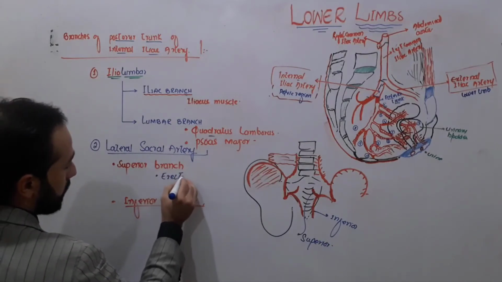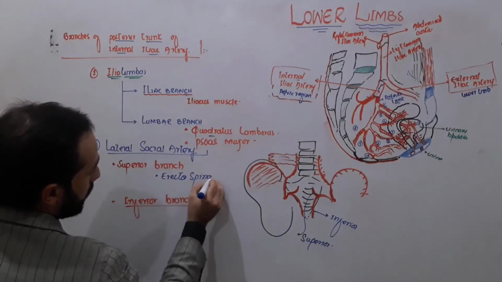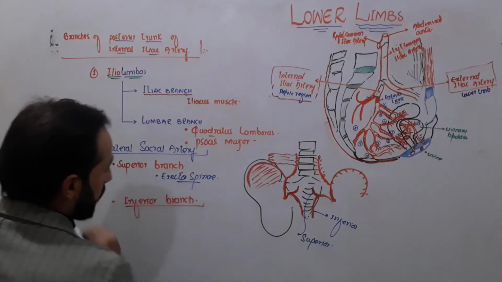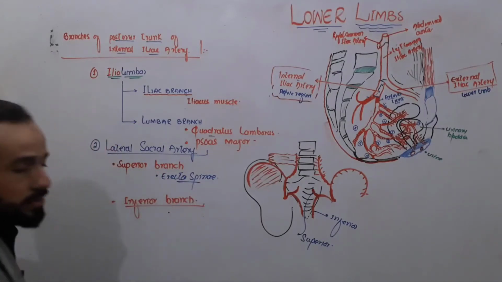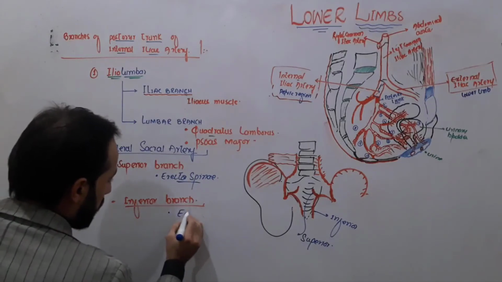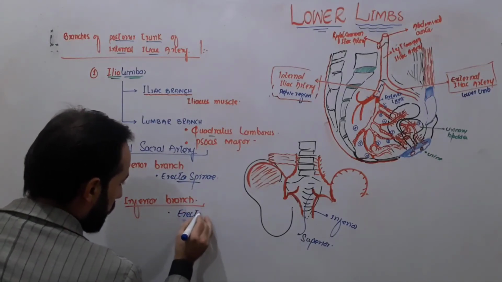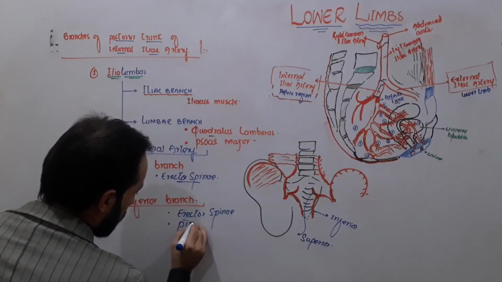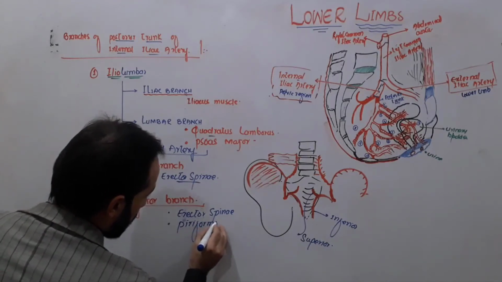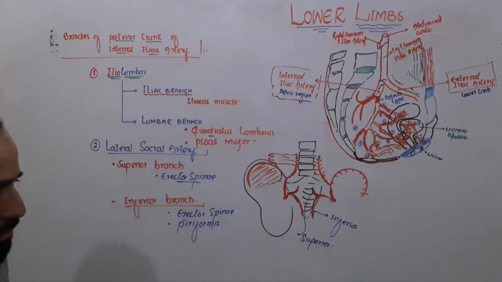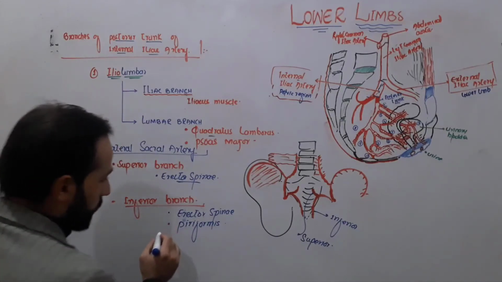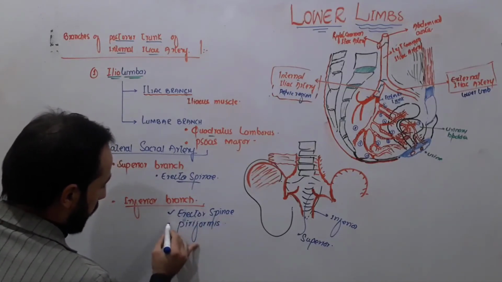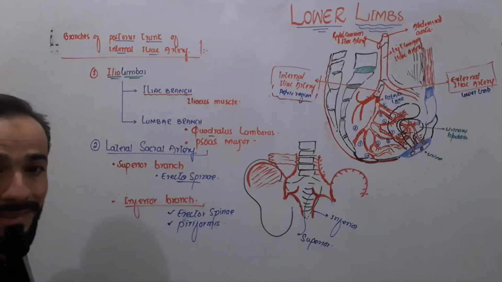The superior branch supplies the erector spinae muscle, and the inferior branch is responsible to supply blood to the erector spinae and the piriformis muscle, and another muscle which is very important, right?